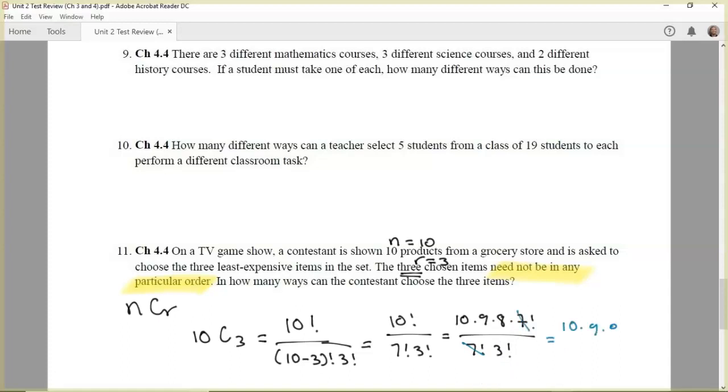Then I can rewrite it as 10 times 9 times 8 divided by 3 times 2 times 1. Then I can use simplification skills. 9 and 3 have a common factor, and either 10 and 2 or 8 and 2 have a common factor. 3 goes into 9 3 times, and 2 goes into 8 4 times. So I'm left with 10 times 3 times 4, and that gives us 120 different ways.